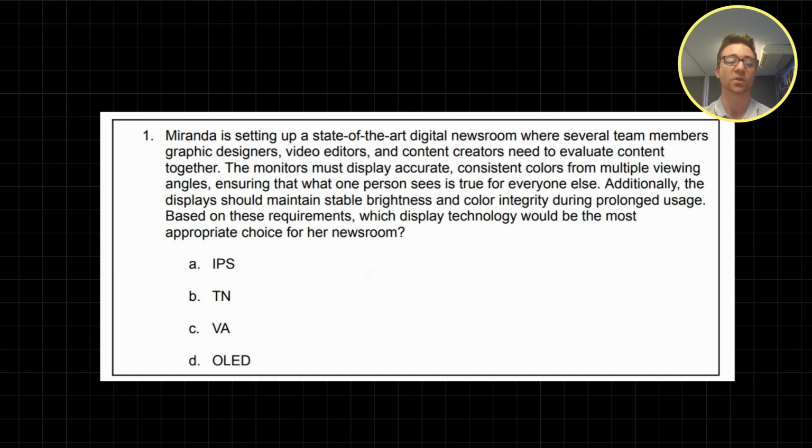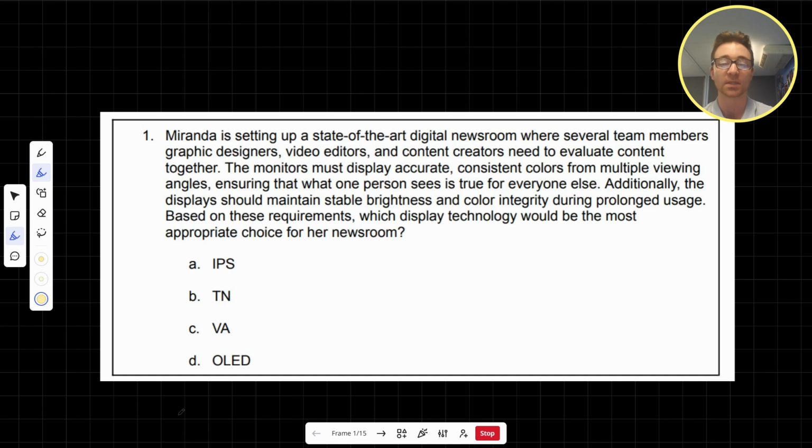Let's get to it. The first question reads, Miranda is setting up a state-of-the-art digital newsroom where several team members, graphic designers, video editors, and content creators need to evaluate content together. The monitors must display accurate, consistent colors from multiple viewing angles, ensuring that what one person sees is true for everyone else.